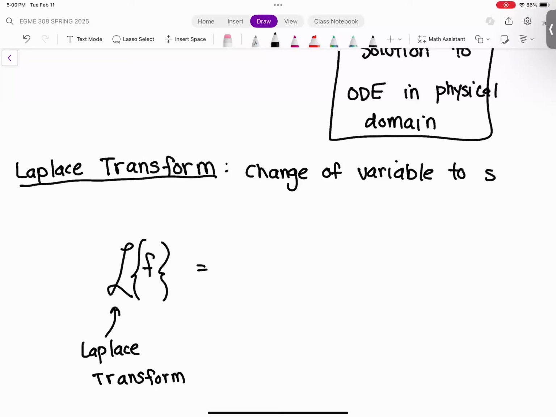And so the way that you do this is you take the integral from 0 to infinity of your function. And for now, I'll just pretend that this function is a function of t. So that is its physical domain variable. You're going to multiply this function by e to the minus s times t, and then you're going to integrate with respect to that physical variable.